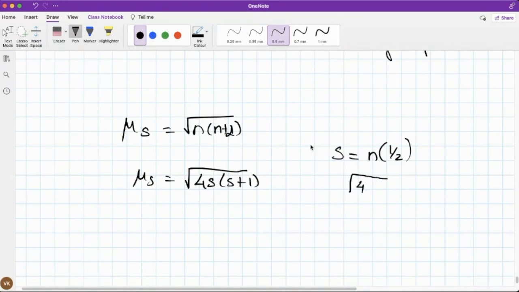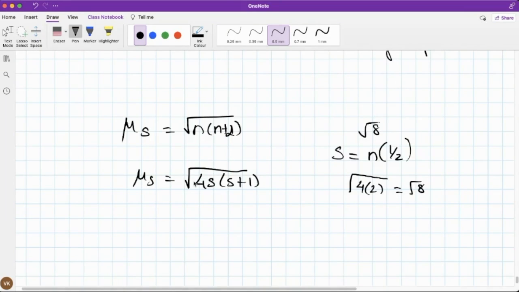Now, the number of unpaired electrons is 2, so 2 plus 2 is 4, root of 8. Similarly here, if the number of unpaired electrons is 2, that means 2 into half, so 4 into 2 is root 8. So it's just that how we calculate is different.